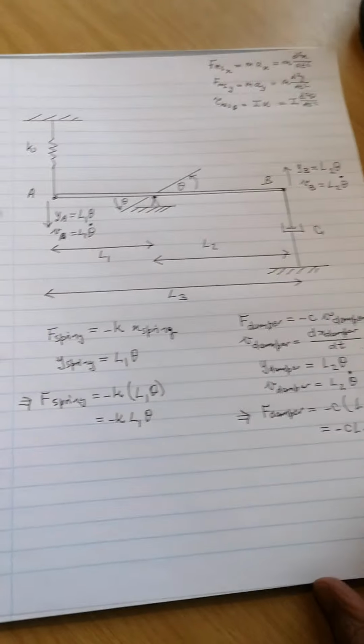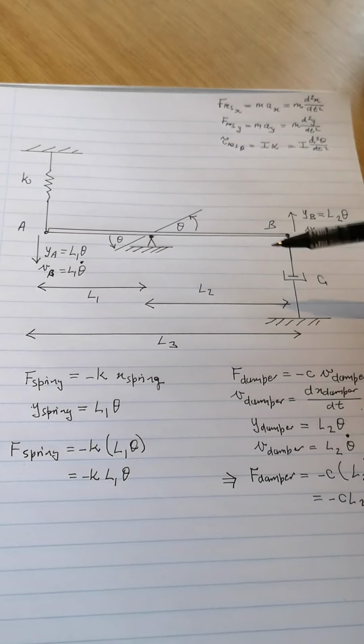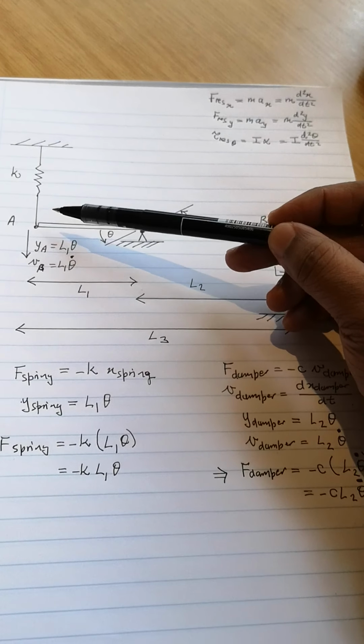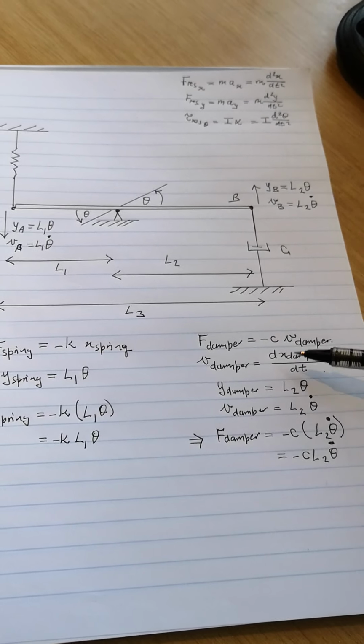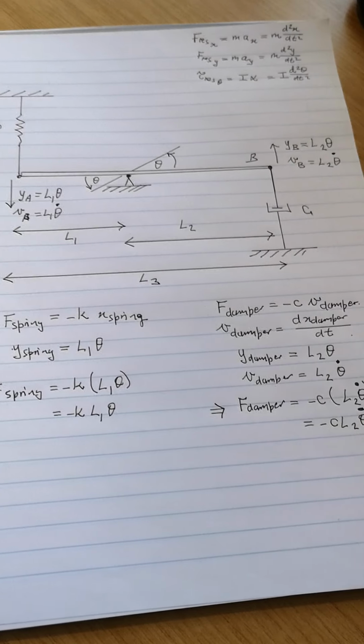Okay. So we've got the rod, we've got the angles, we worked out the deflection of the damper, the deflection of the spring, we multiplied it by the spring constant and the damping constant, and we worked out a spring force and a damping force.